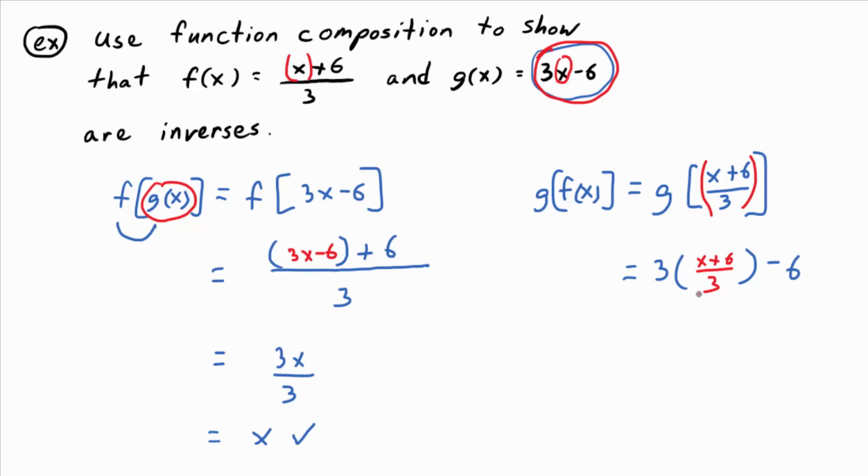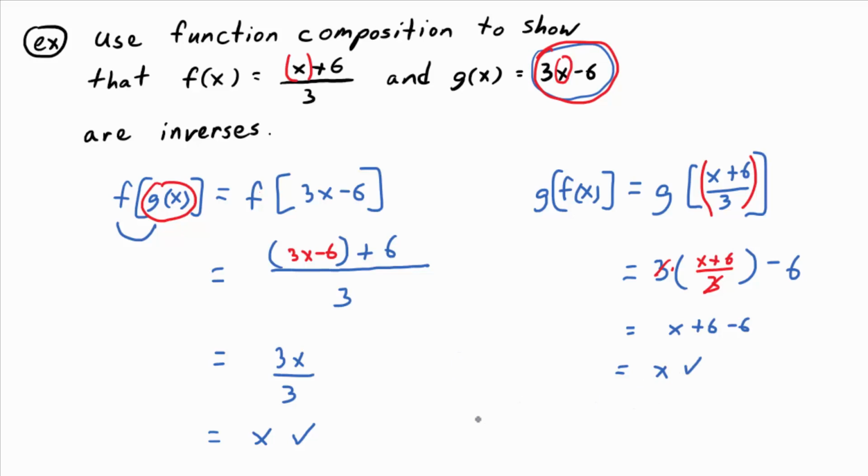What happens to the 3's? There you go. This operation outside is multiplication, so you can do this cancellation, right? And you're left with x plus 6 minus 6, which is x. Big old check mark there.